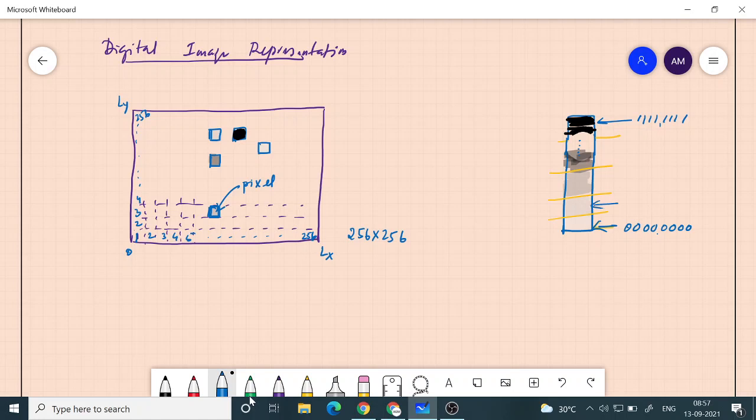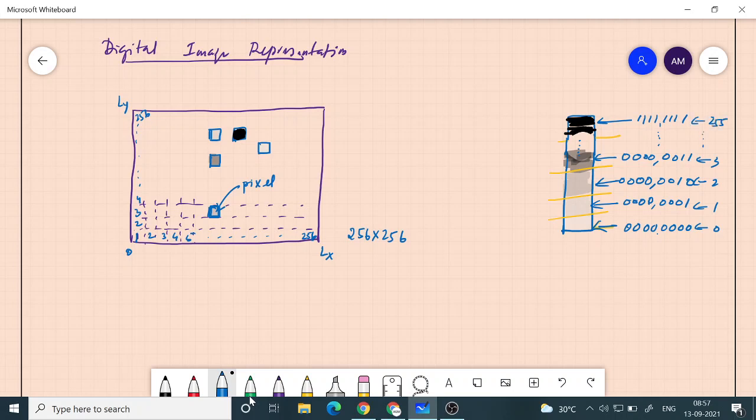This one is 00000001, the next one is 00000010, the next one is 00000011. Like this it goes. So this is grayscale level 0, then 1, 2, 3, dot dot dot, 255.